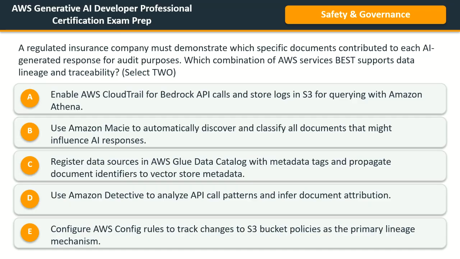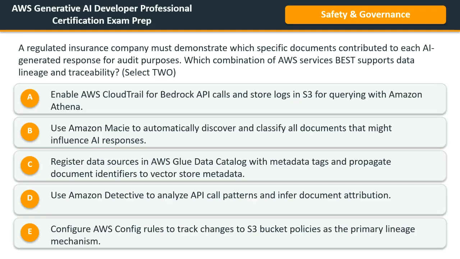D, use Amazon Detective to analyze API call patterns and infer document attribution. E, configure AWS Config rules to track changes to S3 bucket policies as the primary lineage mechanism. The correct answers are A and C.